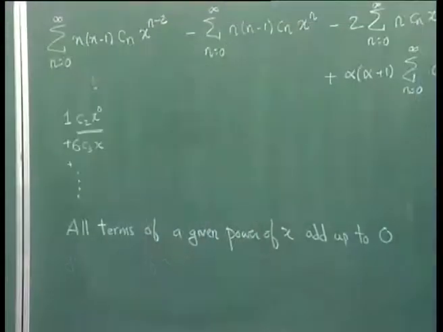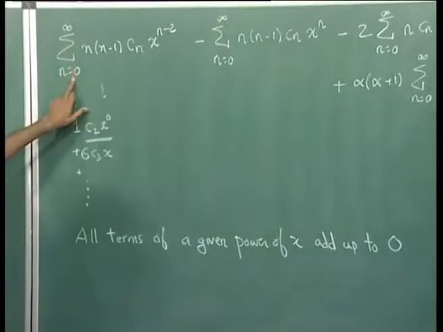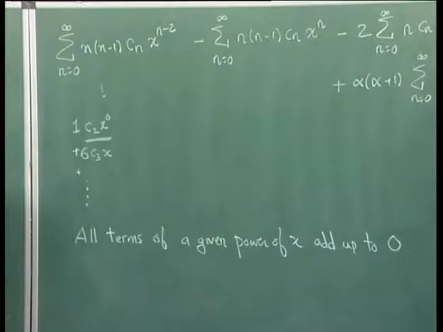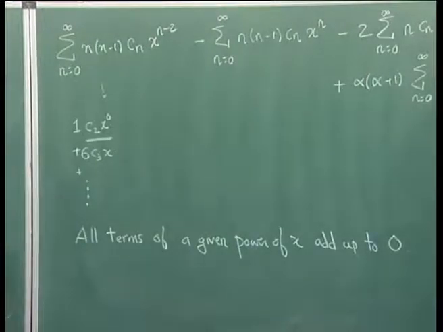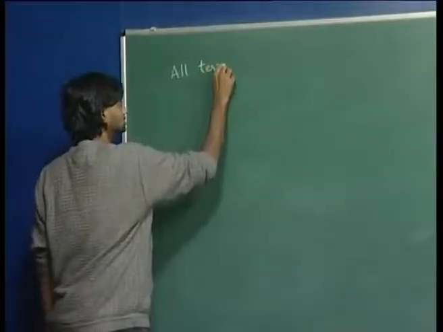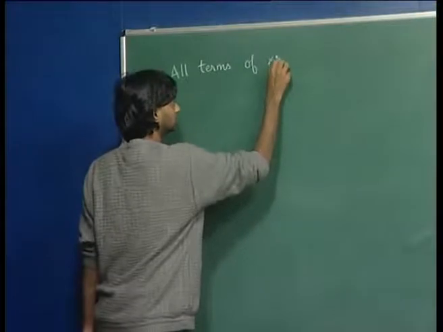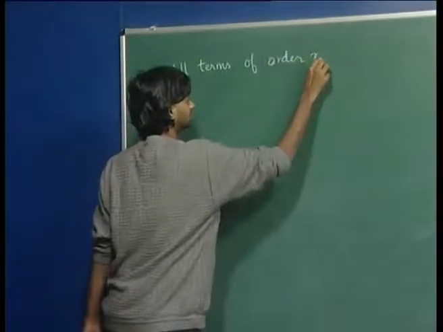So, let us take this and write it term by term. In this I have n equal to 0 to infinity C n x raised to n minus 2. Okay. So, let us look at all terms of order x raised to 0.